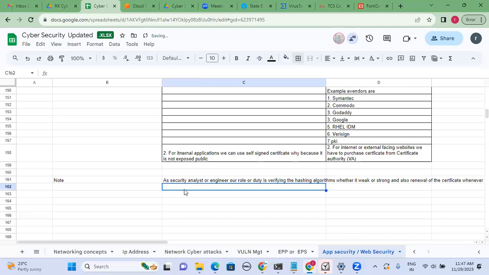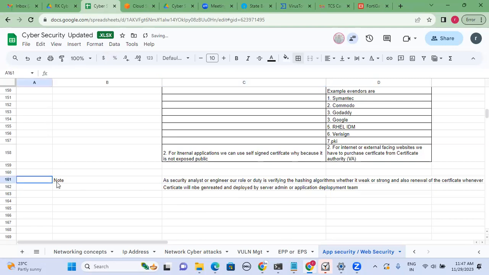That is our role. Now, who will deploy the certificates? The certificate will be generated and deployed by the server administration team or the application deployment team.